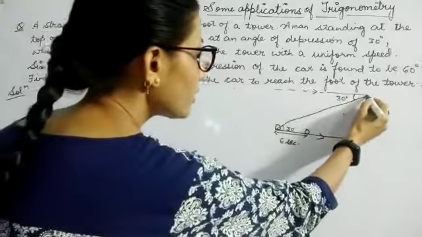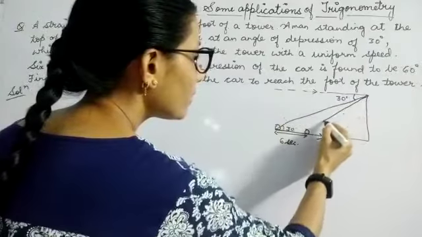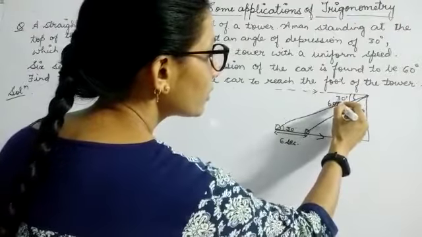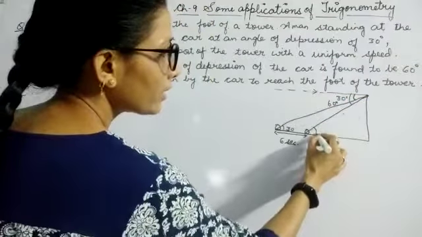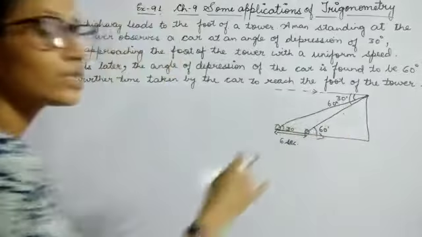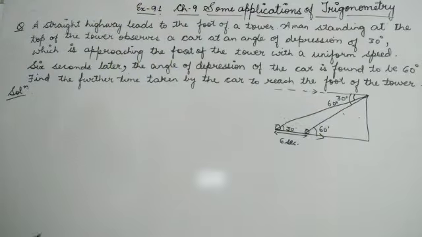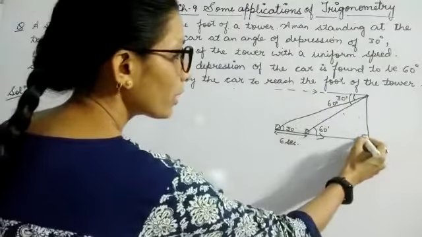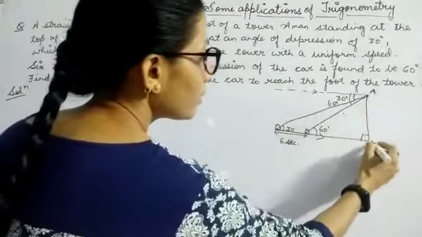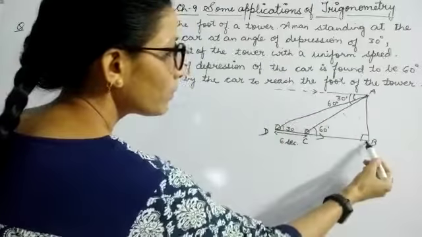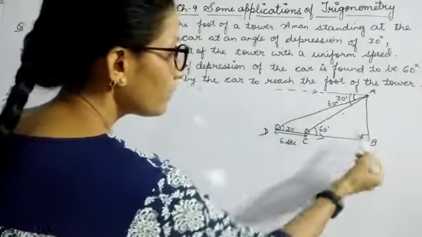So when he is looking at this car, this angle is becoming 60 degrees. So if this is 60, I can take this as 60 degrees again with the same reason, because these two are alternate angles, right? So I am getting now two triangles. Let me label it A, B, C, D. So I am getting triangle ABC and triangle ABD.